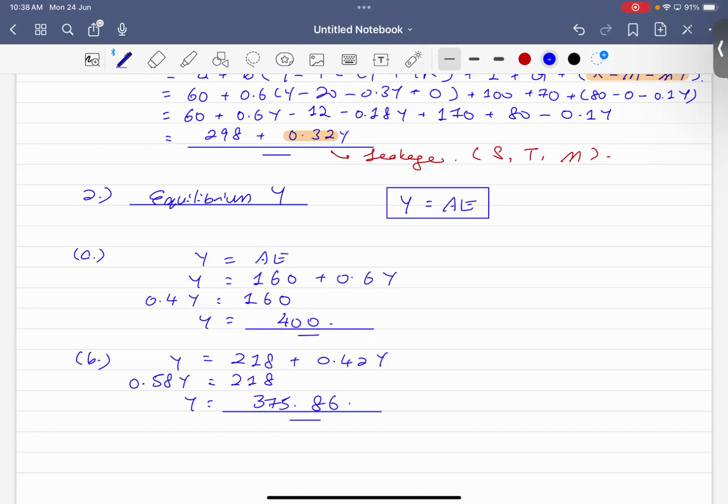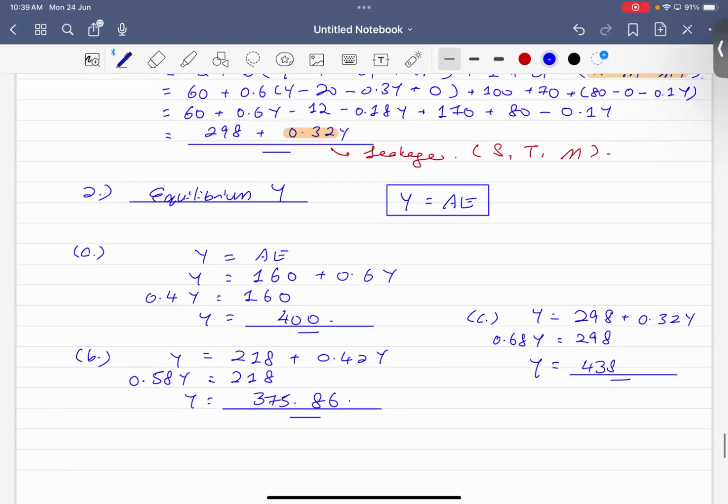Okay, do the same for question C. Y equals to 298 plus 0.32Y. Then move around, and you get the answers.